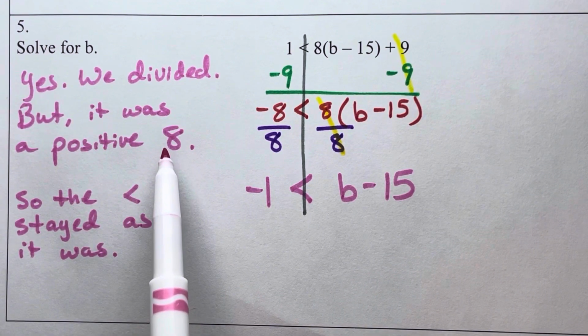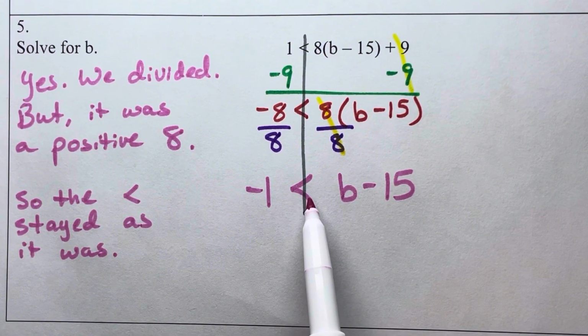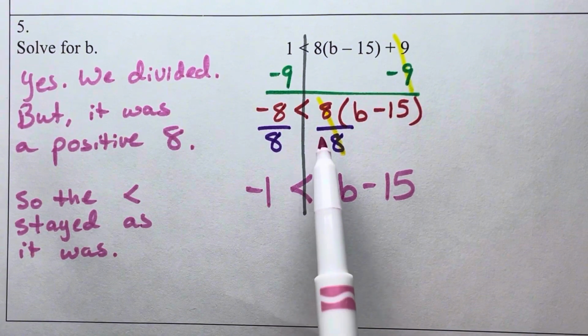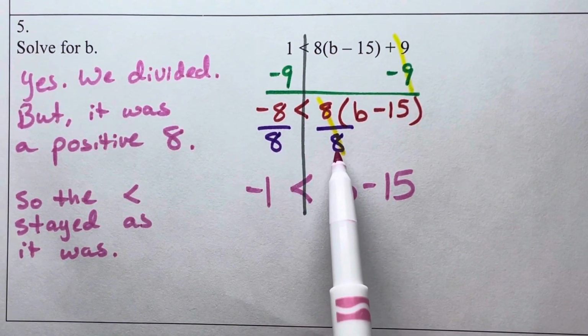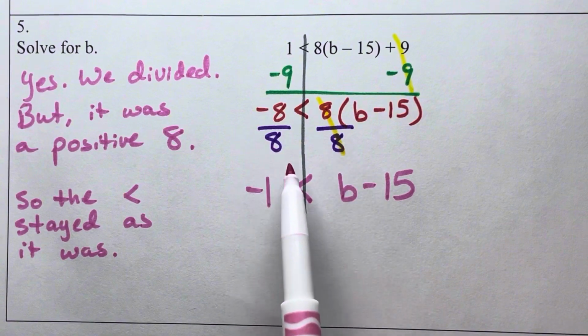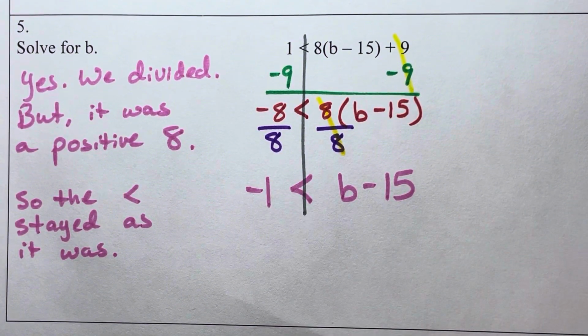And because it was a positive 8, this less than symbol stayed exactly as it is, because you only turn the inequality symbol if you divide it by a negative number. It doesn't matter that the 8 that was on the left was negative. It's the 8 in purple underneath that does the flipping, so to speak.